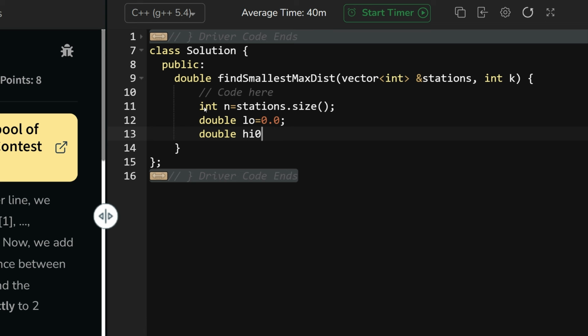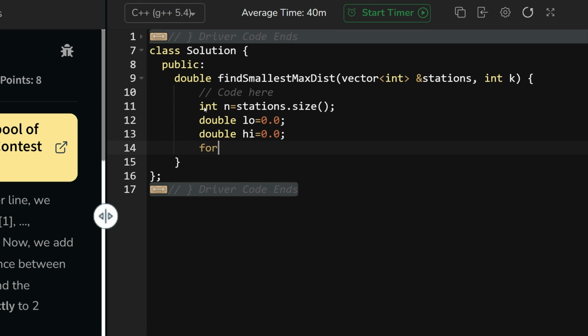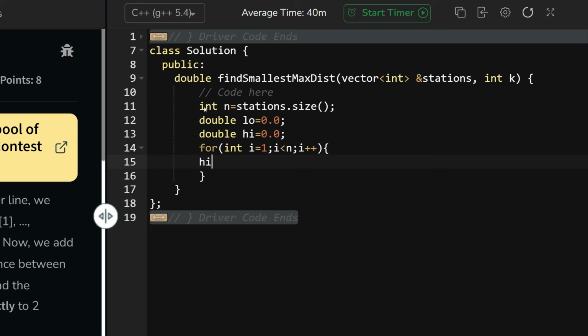Now I will say for int i going from 1, i less than n, i plus plus, high equals to maximum of high and stations of i minus stations of i minus 1, that is, find the maximum adjacent difference, right?